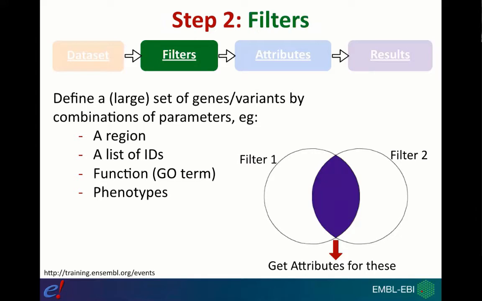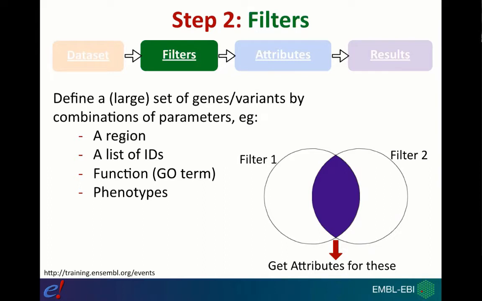Step 2 is that you then use filters to narrow down that data set to specifically choose the features that you're interested in. In step 1, you say, I'm interested in the whole set of human genes. And then in step 2, you say, I only want to retrieve information about this set of human genes. So within this full data set, I'm filtering it down to perhaps a smaller subset of genes. We can use filters to narrow down that data set with a number of combinations of parameters.